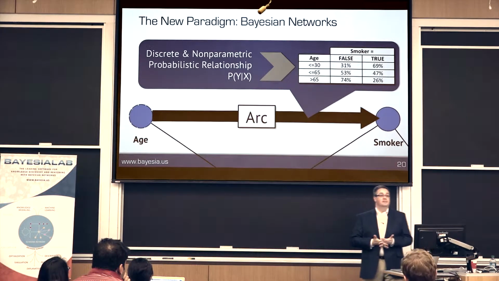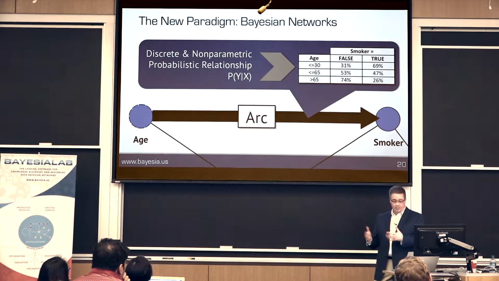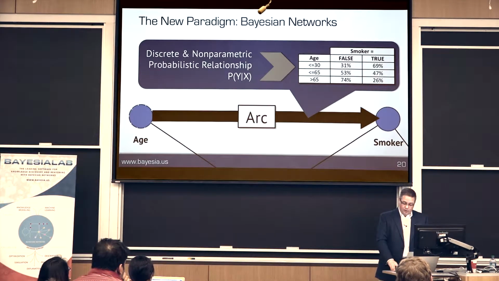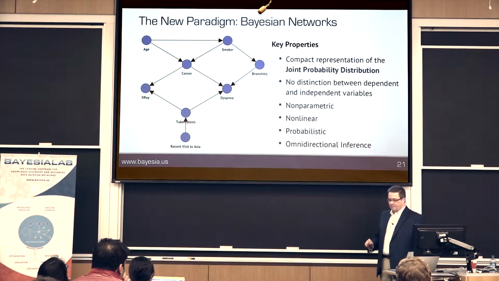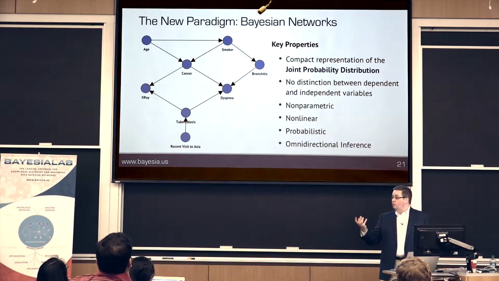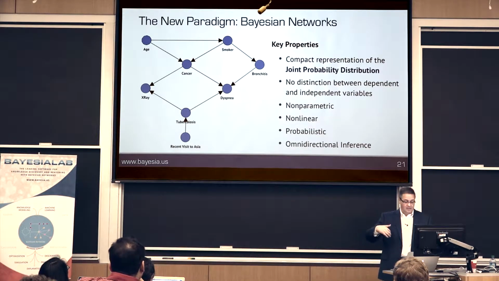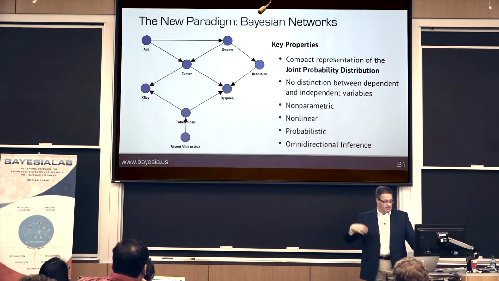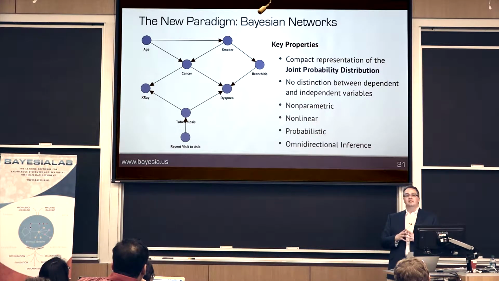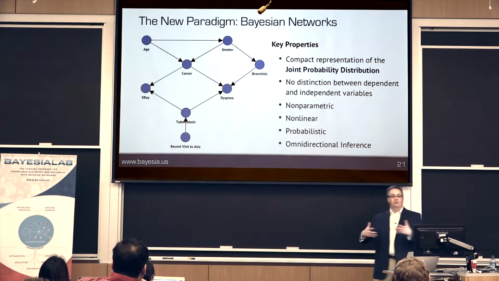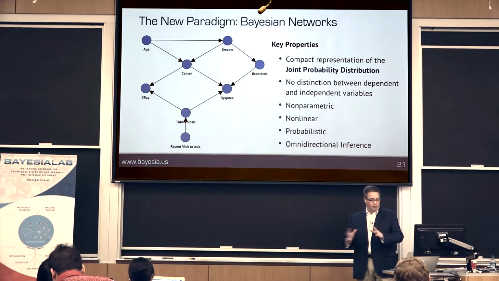And now you might say, well, this is still very, very simple. I could do that in Excel with a simple crosstab. But you're absolutely right. That is still very simple. But if we now carry on and start to introduce additional variables, we could build something like this and introduce the node cancer, a binary node that says whether you have cancer or not, whether your X-ray came back positive or negative, whether you have bronchitis, dyspnea, tuberculosis, and then relate all these conditions with each other, all on the basis of what has been observed in this group of patients.